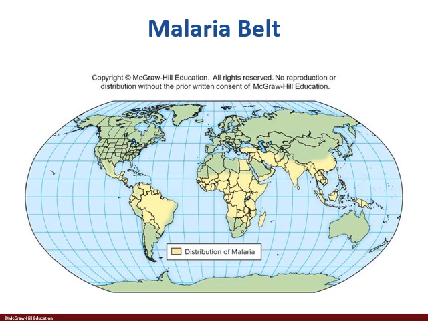When you look at the map here and you start looking at the areas shown in yellow, around the equator and between the two tropics. So this is a tropical disease. A lot of times students will ask me, well, if it's the tropics, why do we not see it so much as an issue in North Africa, southern China?